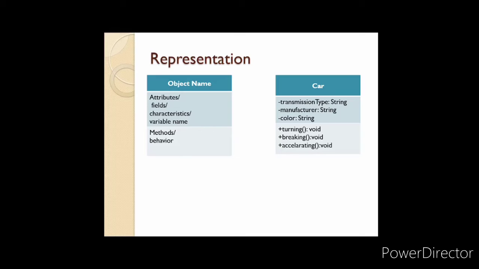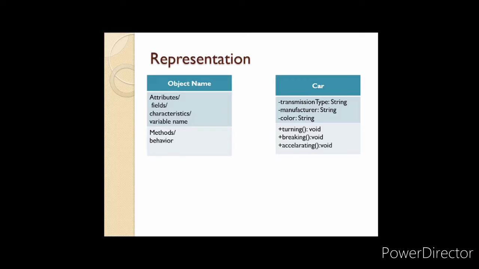Again, this is coming from our example in the previous lesson, wherein we have this as the behavior or its methods. Notice, guys, that we have here an open and closed parenthesis. The open and closed parenthesis is used in order for us to signify that these are methods. So this determines a method from an instance variable.